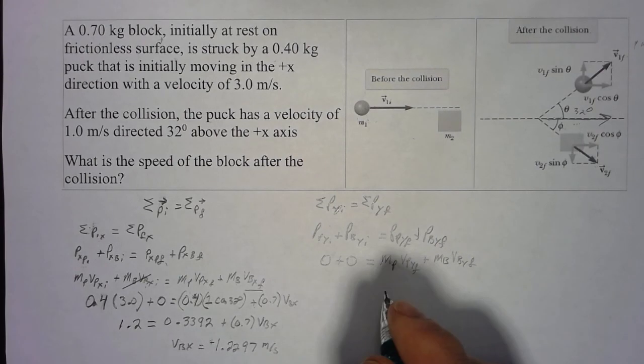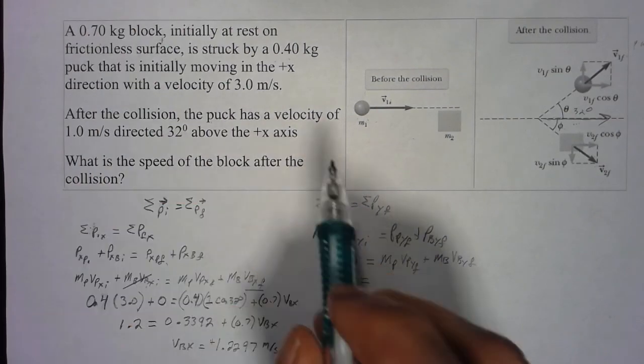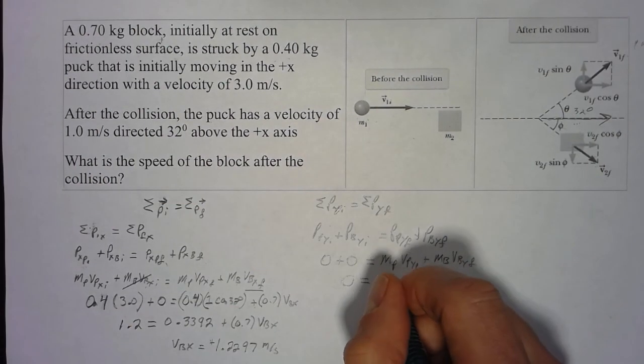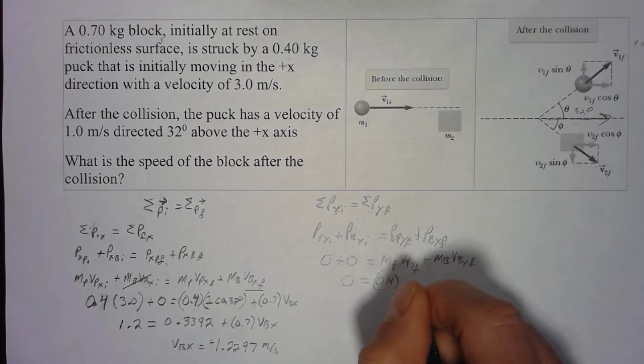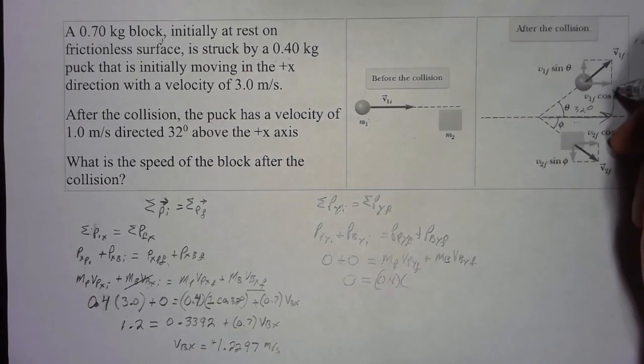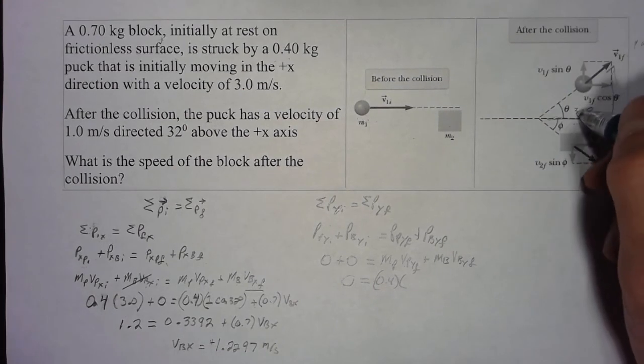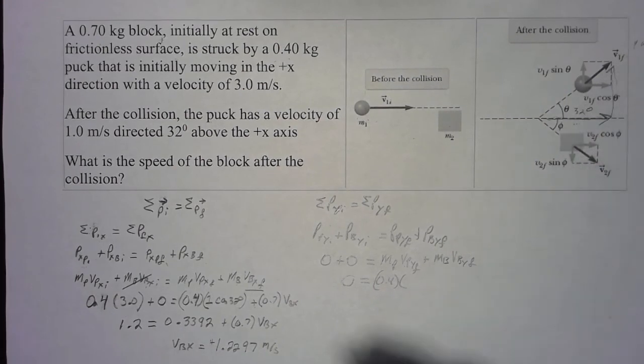So this left side is all zeros. The puck, remember, is 0.4 kilogram mass, and its velocity in the Y direction, that would be this component of its velocity, and that's opposite that 32 degrees.